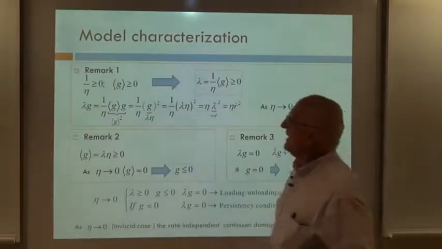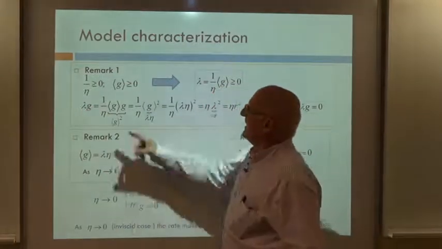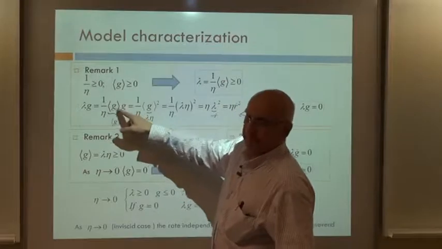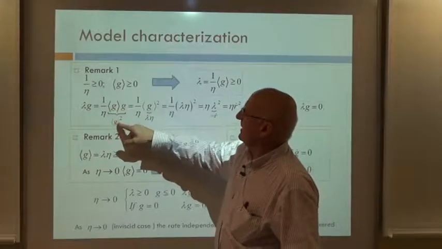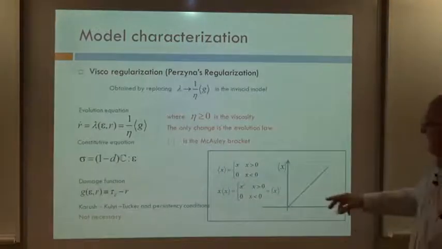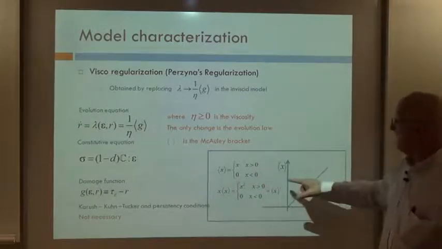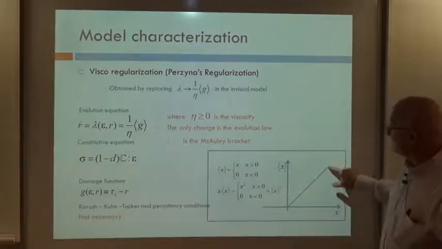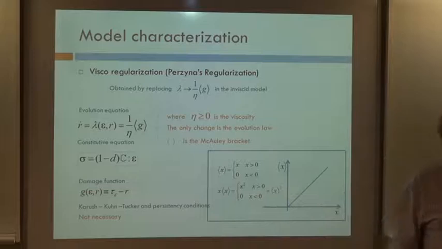Second, let's now look at lambda G. Lambda is 1 over eta times the Macaulay bracket of G, multiplied by G. So G times the Macaulay bracket of G is the Macaulay bracket of G squared. That's very easy. That's proven here. If the Macaulay bracket of X is equal to 0, if we multiply this times X, then it gives X squared here and 0 here. So it's the Macaulay bracket of X squared.